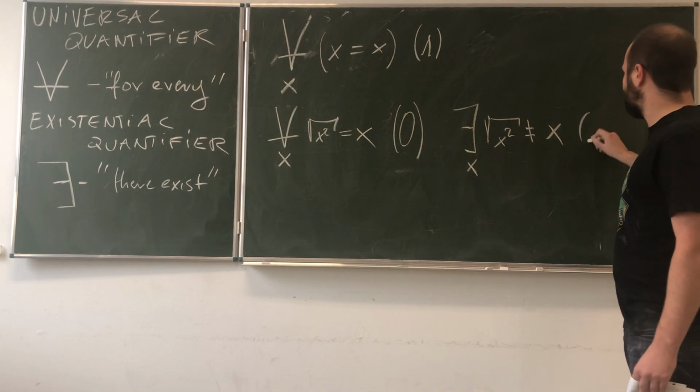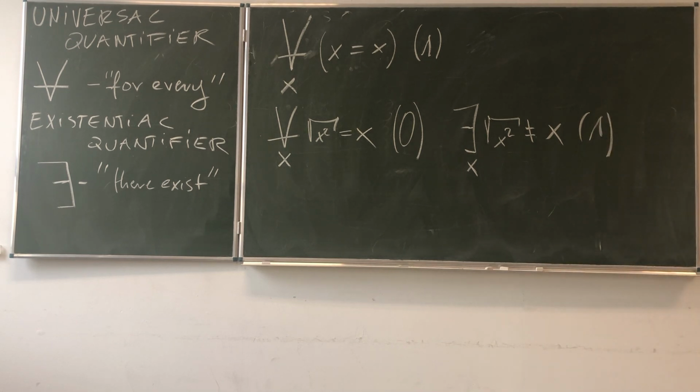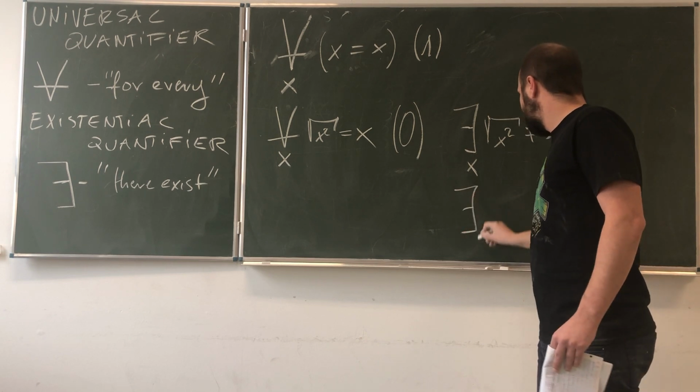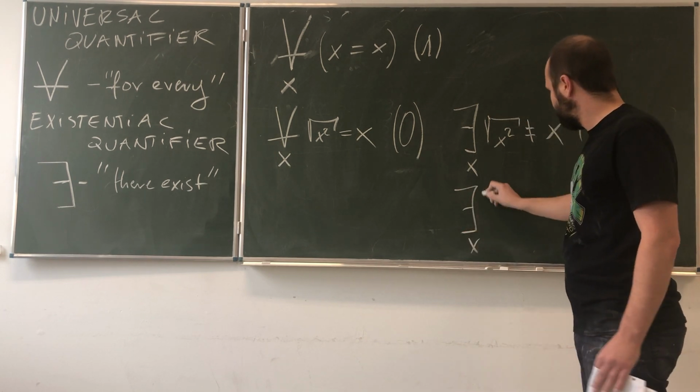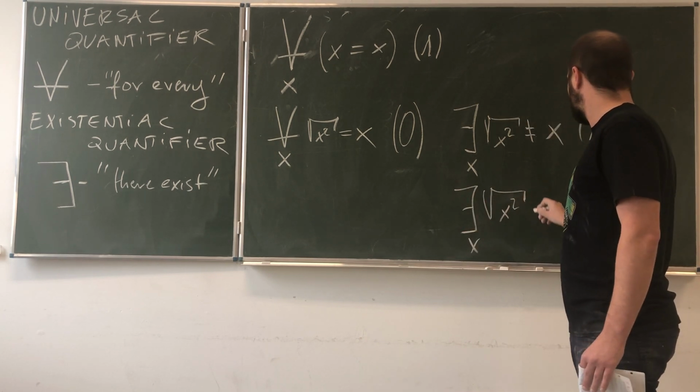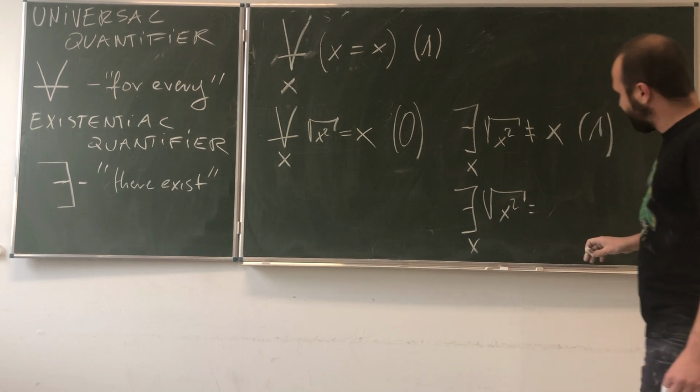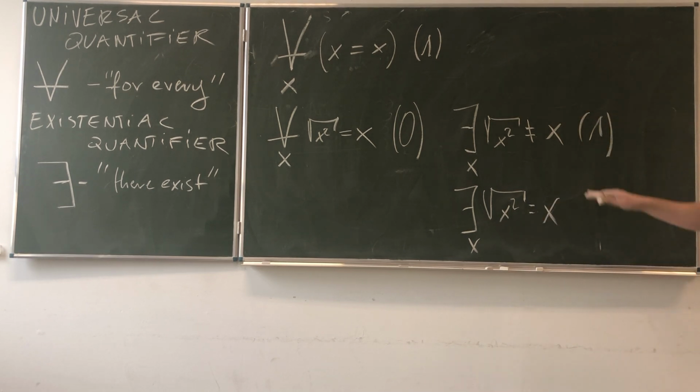But of course, this is a true statement when we write that there exists such x that the square root of x squared is equal to x, because of course we can also find an example. Here the example would be just 1.